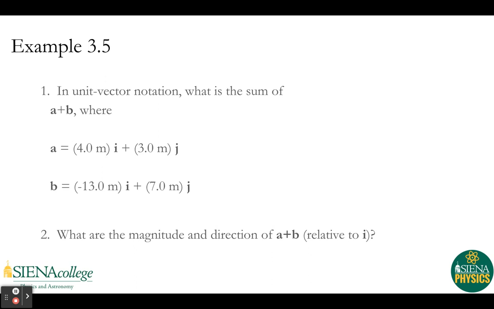And B is minus 13 meters in the i hat direction and 7 meters in j hat. What's the magnitude and direction of A plus B? Part A, we want to find A plus B in components. And part B, we want to find the magnitude and direction.